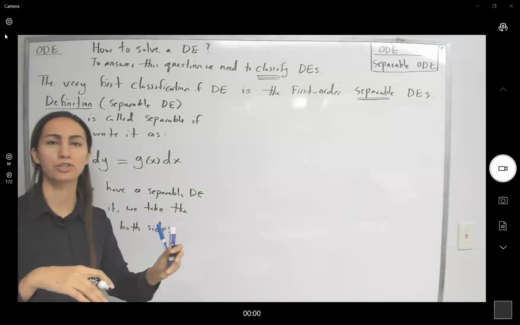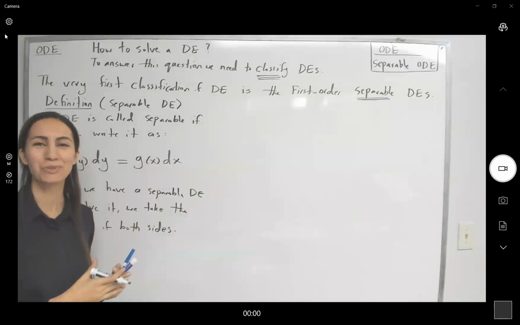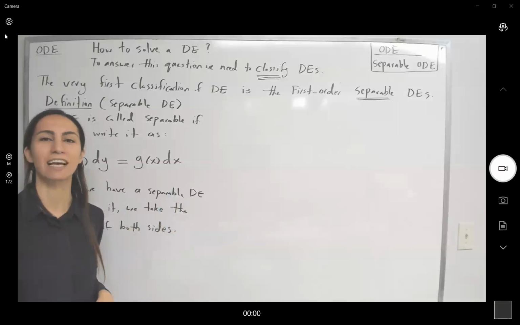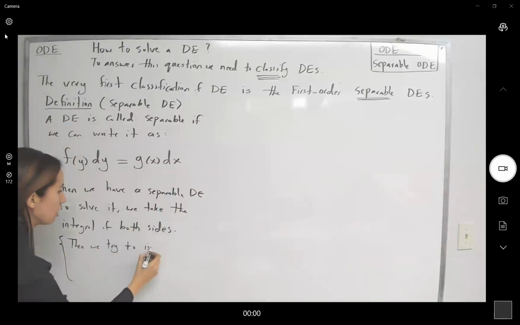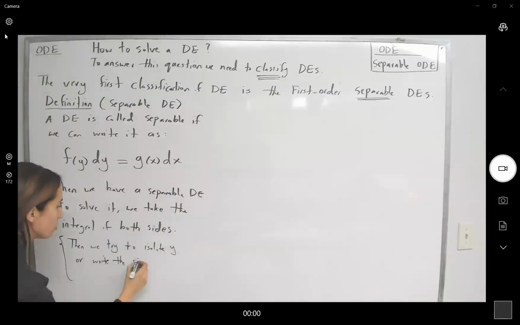Then we either try to write it explicitly, y equals, or implicitly, a combination of x and y's or the variables that you have. Then we try to isolate y, or write the solution implicitly.